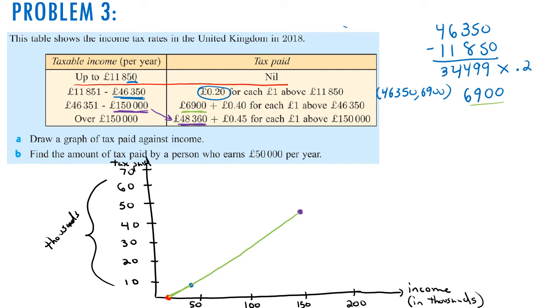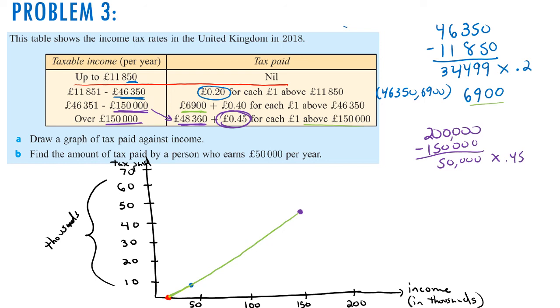We do need to figure out the next part to go beyond, because it's asking us to go beyond this. Since my x-axis goes out to 200,000, I'm going to take 200,000 minus the 150,000, the one before it. It's going to give me 50,000. And I'm going to times it by 0.45.